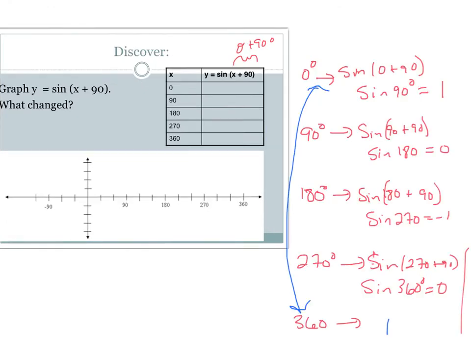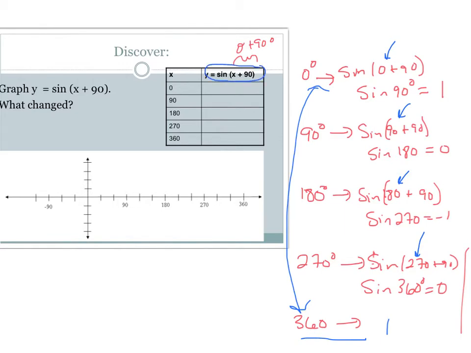Okay, so you can see all the work on the right-hand side of the screen. I have my inputs here on the left, and we know 360 is the same as 0, so whatever the value was for 0, that's what I get for 360. So I took all these and said, okay, it's 0, 90, 180, 270, and the equation's telling me to add 90 degrees to that.